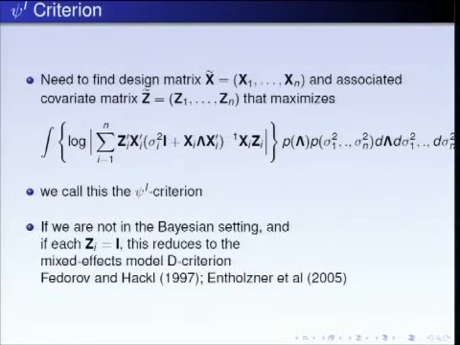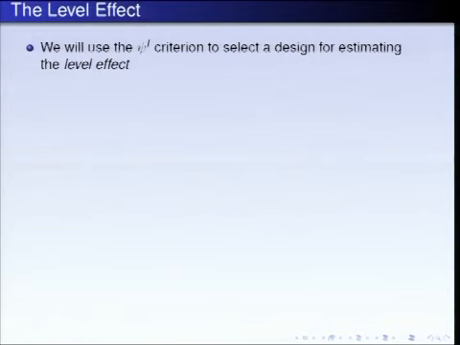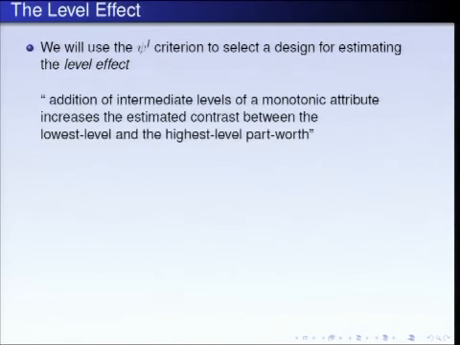If we're not in the Bayesian setting, if you get rid of the integrals and you put the identity in here instead of the context, then that's similar to what Rainer was talking about on Monday, the mixed effects model D criterion. Okay, so we're going to use the Bayesian form, the psi criterion, for selecting a design.